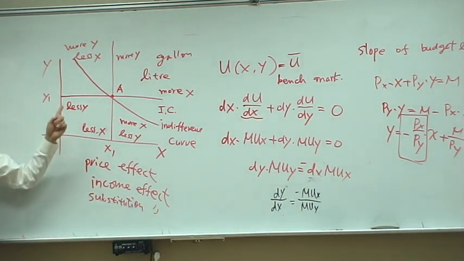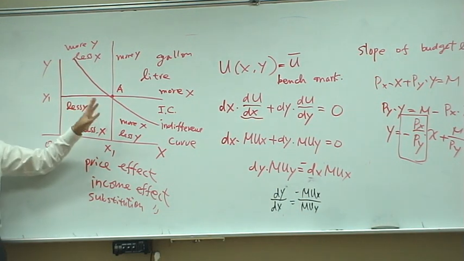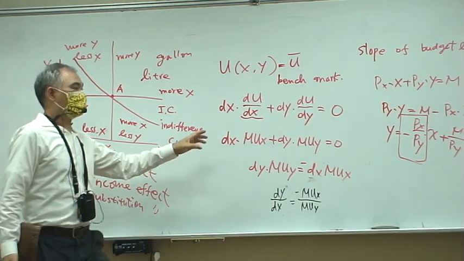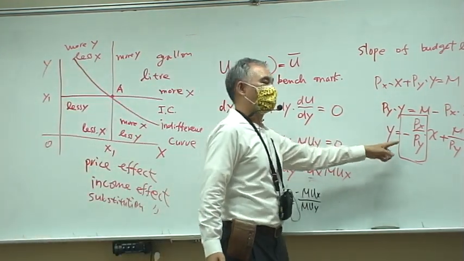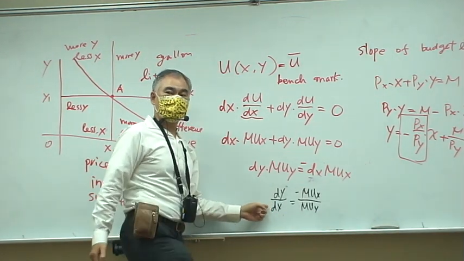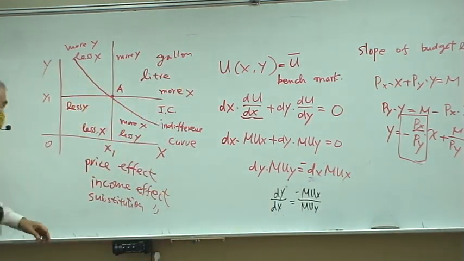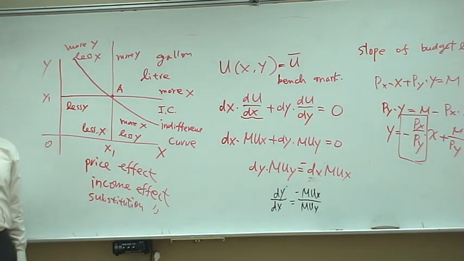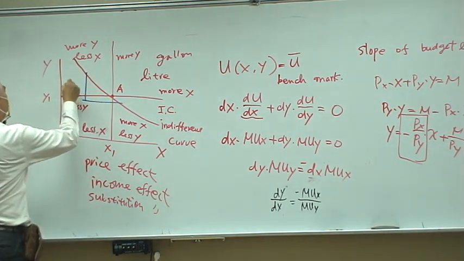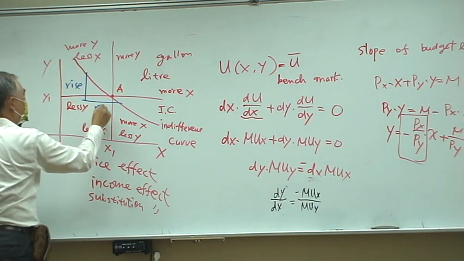So, and how are we going to tell with all these changes with the diagram here, okay? And so we have the slope of the budget line, and here is the slope of the indifference curve, okay? So, as we say slope, what is slope? Slope is equal to rise over run, right?